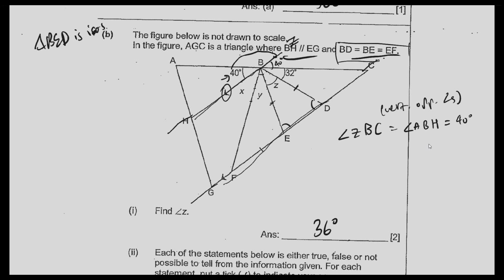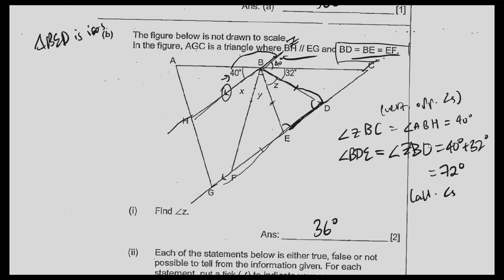And now this is actually really hard to visualize, even for me, but look at this alternate angle. So we see that this angle of BDE is equivalent to ZBD, which is 40 degrees plus 32, which is 72 degrees due to alternate angles.